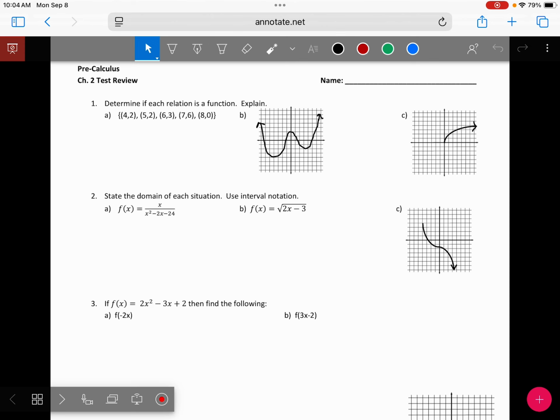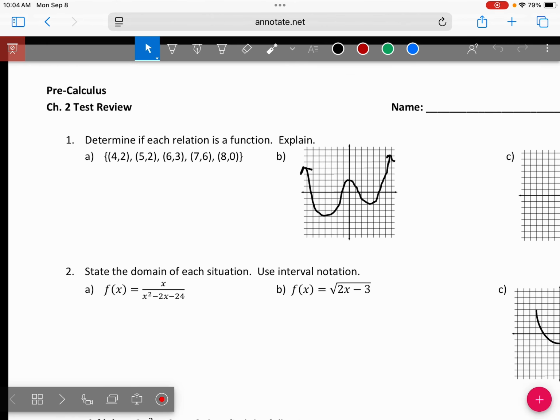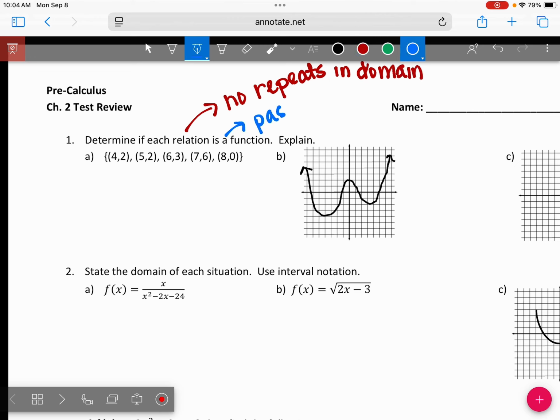If we go back to our notes, we know that in order for it to be a function, you can have no repeats in the domain, and if it's a graph, it has to pass a vertical line test. Meaning that if I draw a vertical line anywhere on the graph, it should only cross it one time.